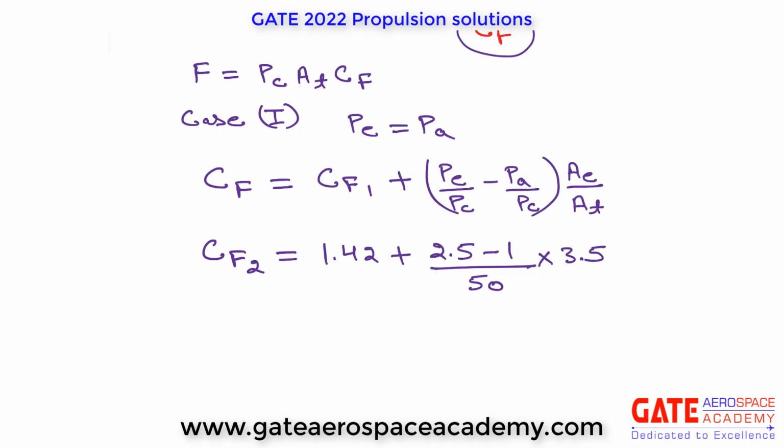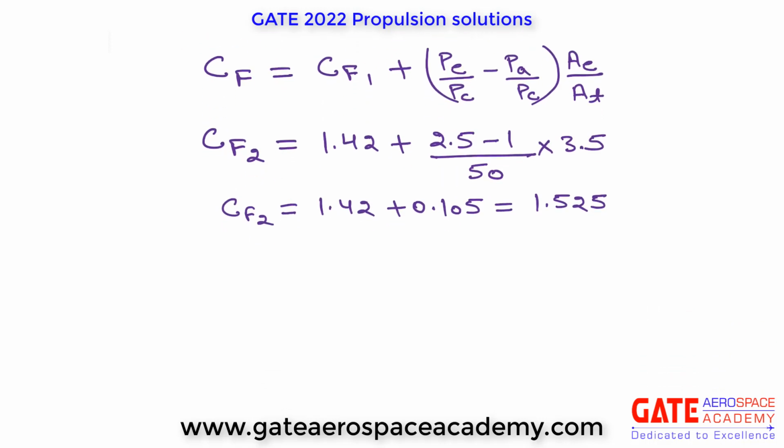It's given. So 1.42 plus 0.105 equal to 1.525. So CF2 is equal to 1.525.